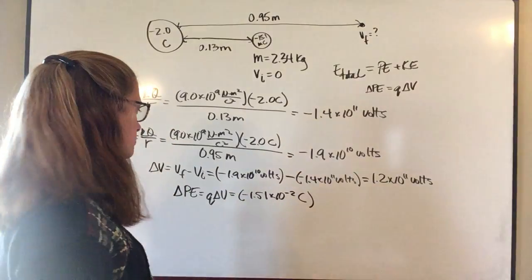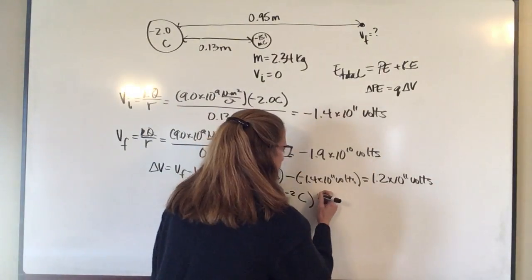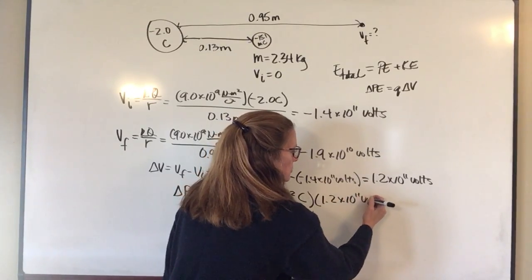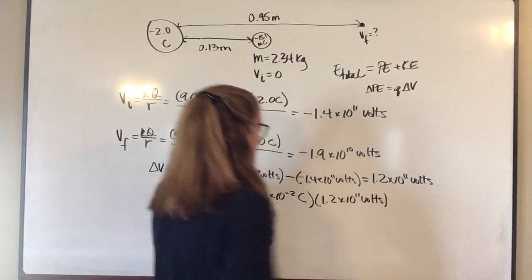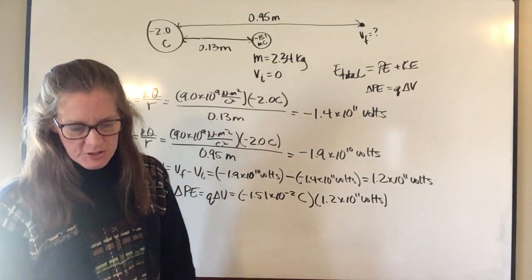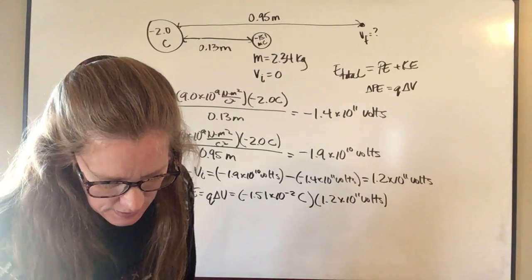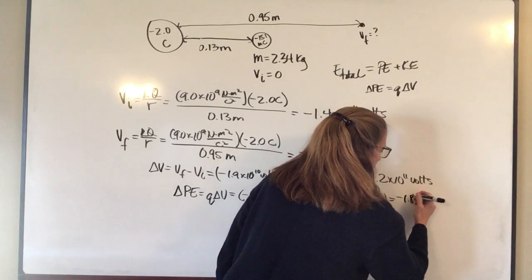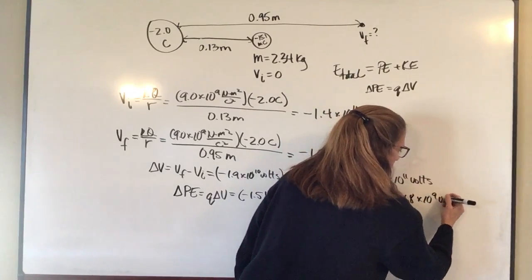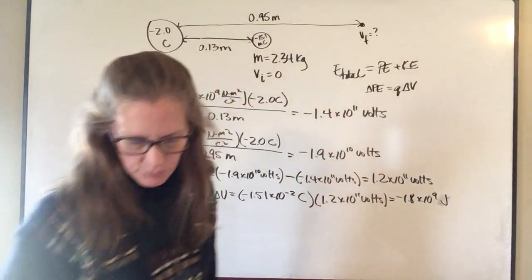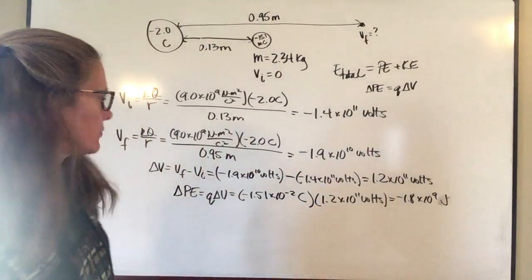Okay, again in proper scientific notation. And I've got to put that with the 1.2 times 10 to the 11th volts. Okay, so multiplying those out gives me a negative potential energy, and I end up there with negative 1.8 times 10 to the 9th, not volts, joules. Negative 1.8 times 10 to the 9th joules.